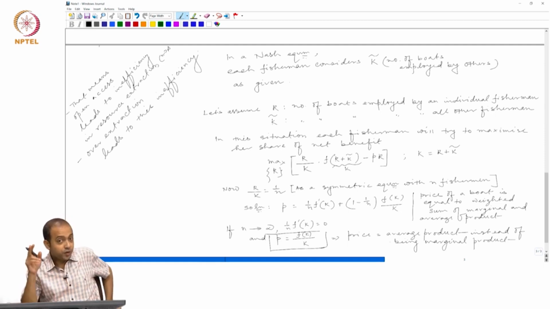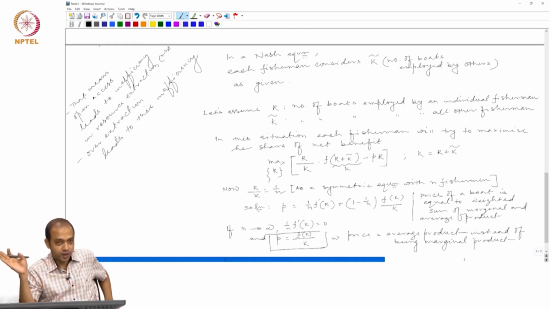Okay. So, if you recall, in our previous class, what we were discussing with a simple diagram, if P is actually equal to average cost, then that leads to over extraction instead of being equal to marginal product, and we said that the divergence between marginal cost and average cost is actually the congestion externality.